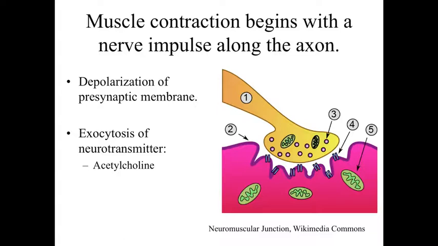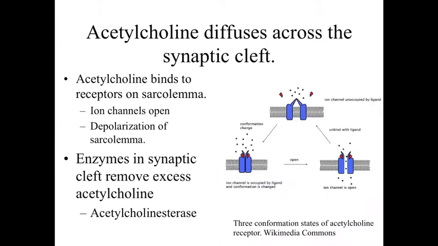The neurotransmitters on this diagram are in the little synaptic vesicles, the little purple dots labeled 3. They are triggered to fuse with the presynaptic membrane through the process of exocytosis and dump out their neurotransmitter. When we're talking about skeletal muscle, the neurotransmitter is acetylcholine.